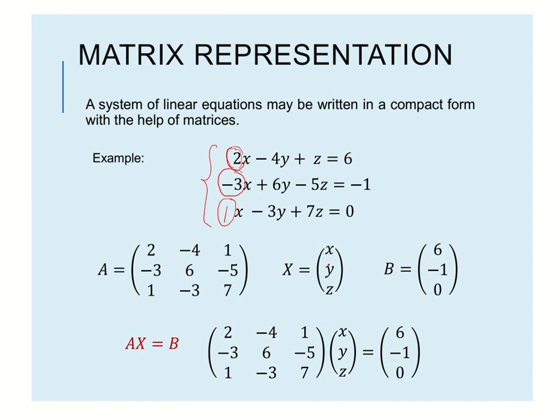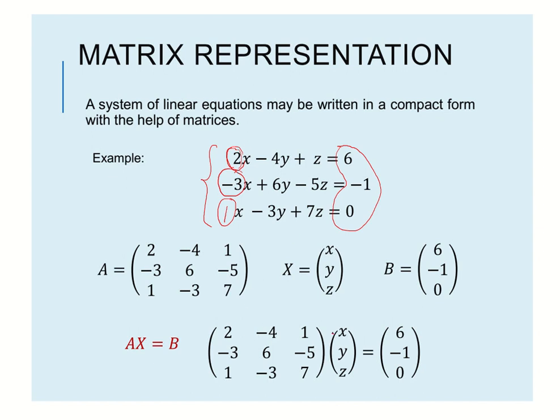For the answers on the right-hand side of the equal sign, we form another column matrix, B. According to the matrix multiplication we have learned before, when we multiply A by X, we get B.